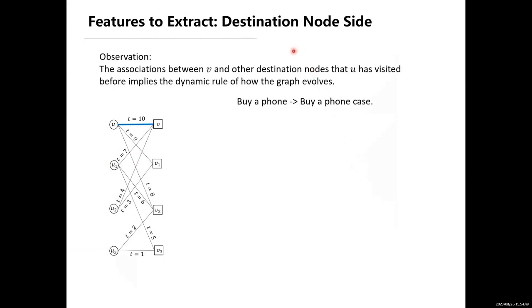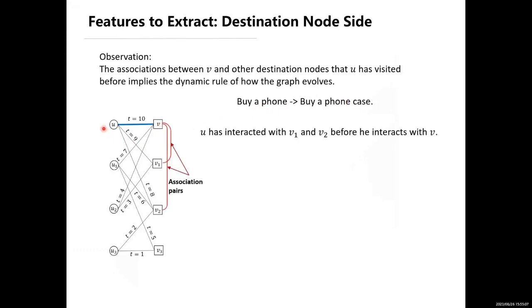For the destination node side, we observe that the associations between V and other destination nodes that U has visited before imply the dynamic rule of how the graph evolves. For instance, many people will buy a phone case after they have bought a phone. In this example, we know that source node U has interacted with destination nodes V, V1, and V2.